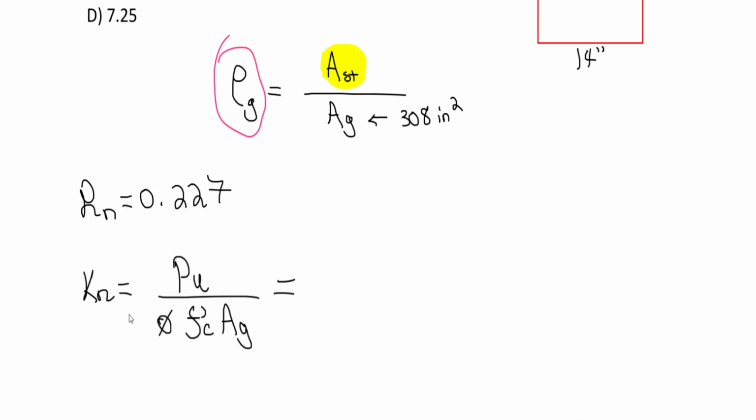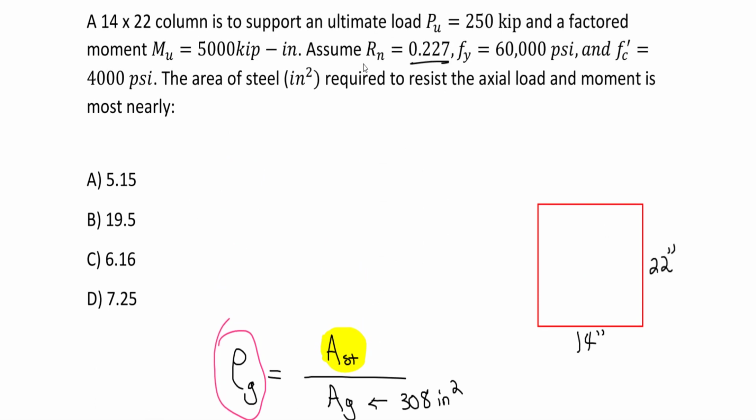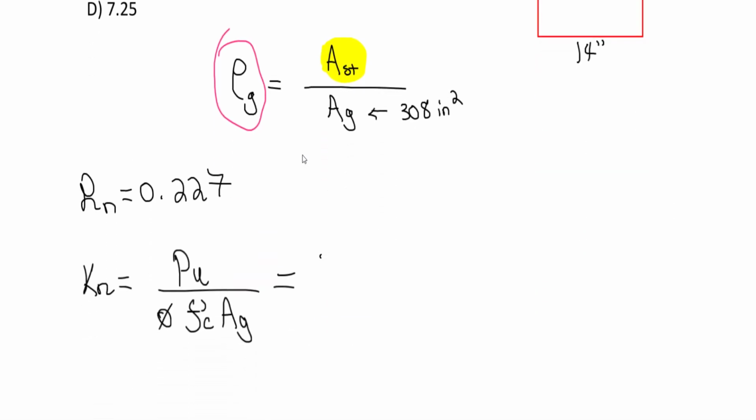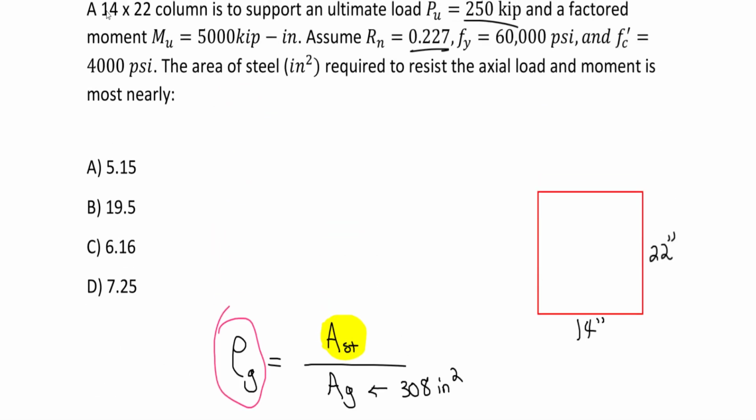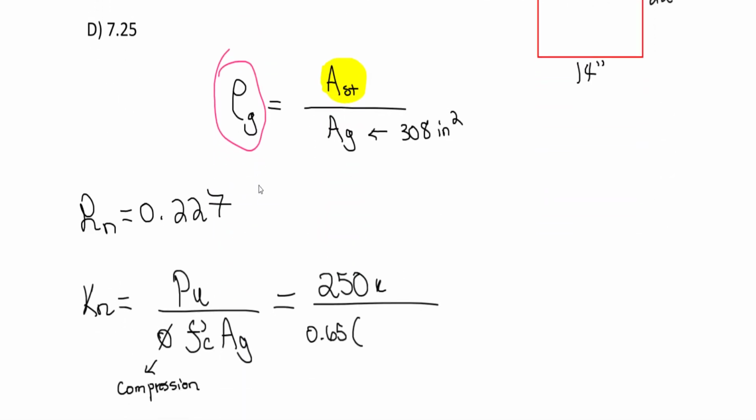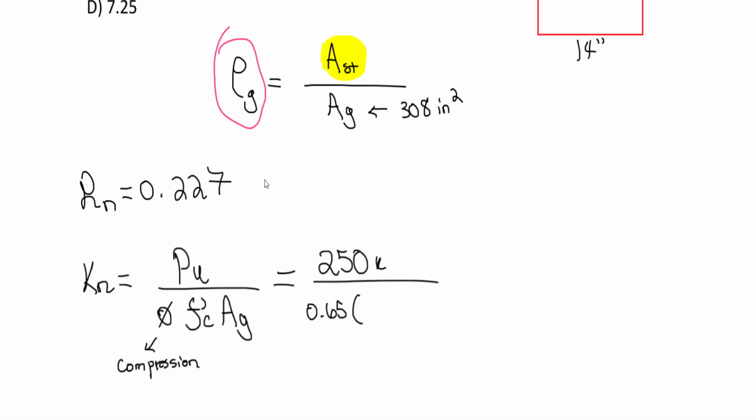P sub u is given up here. It's 250 kips, so plug that in. Note everything is in kips. Divided by our phi. Since we're looking at a column, it's in compression, and for compression always assume phi is 0.65. F prime c for concrete is given as 4,000 psi, but we need it in ksi, so you divide by 1,000 and it's 4 ksi.